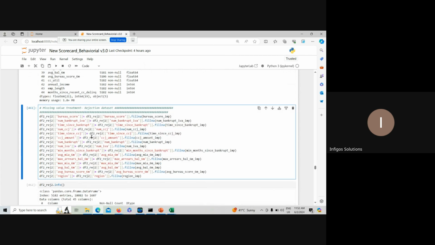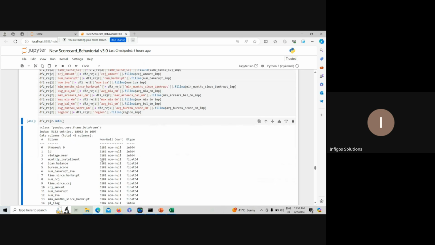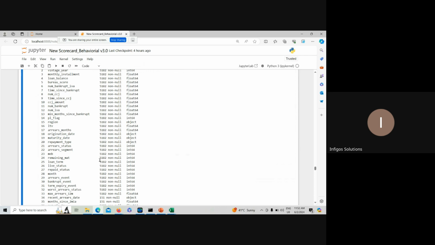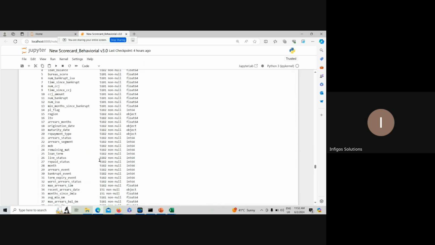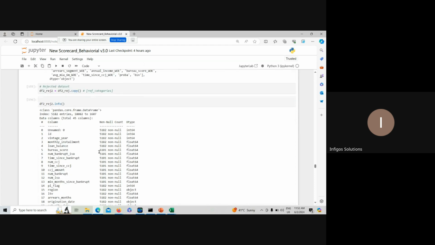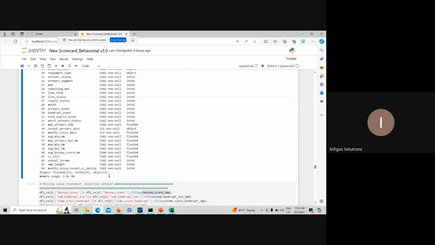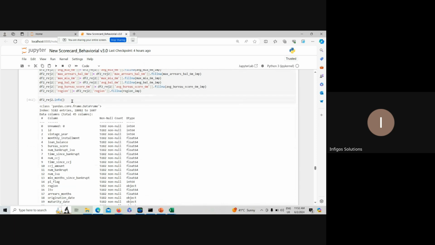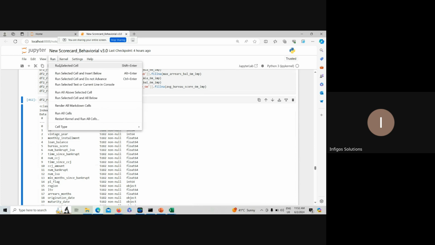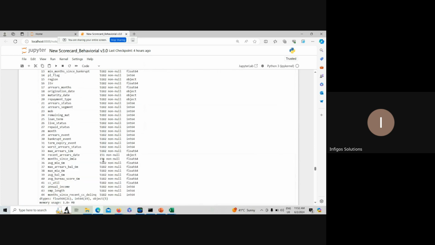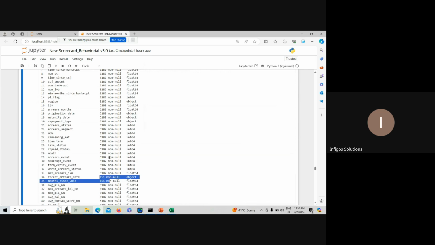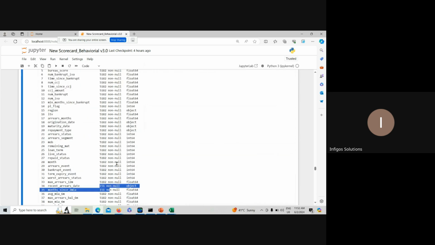So we do the missing value treatment with the same values with which we did the training data. After that, we will check the missing values again. Here we have missing values. But after we did the missing value treatment, we check again. Only these two have missing values. Rest all is sorted.